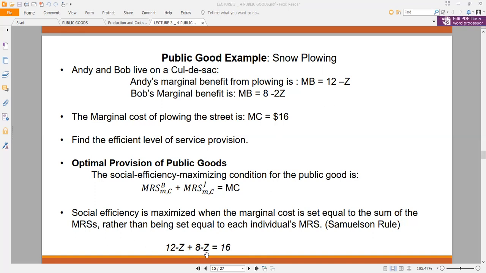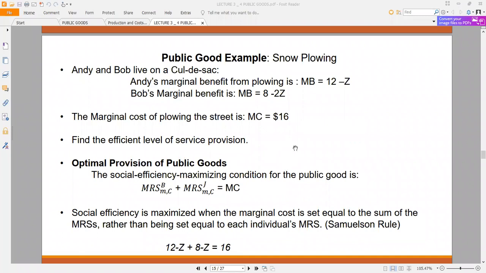Just solve for this equation and give me the value of Z. I think it will be 2. It's 2, so it means that 2 units of this good will be provided.